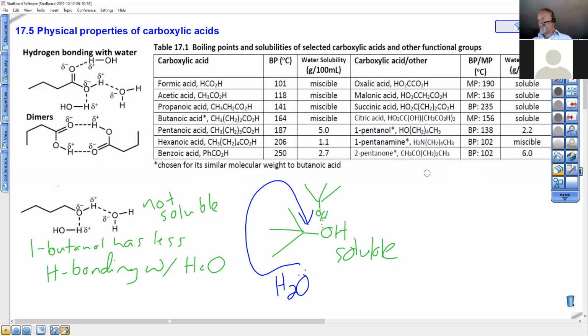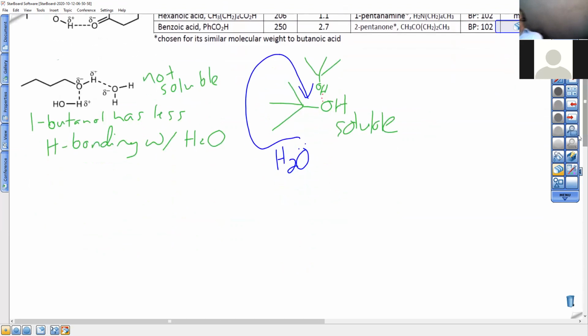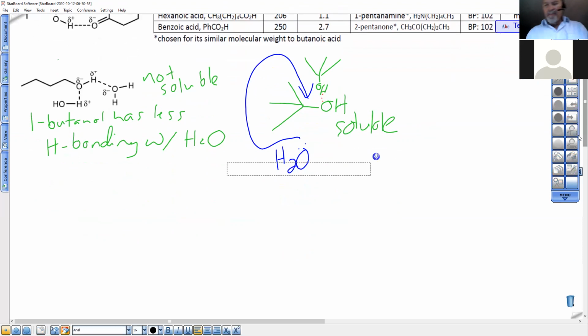Very short segment here. Maybe we should do a question to summarize this. Put these boiling points in order. I like it. Put these in order of increasing BP.